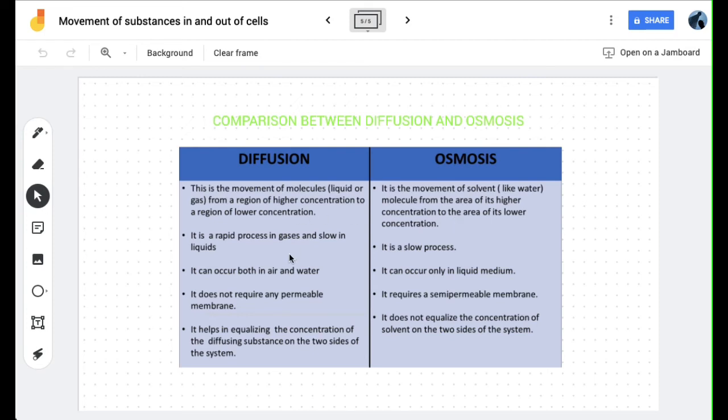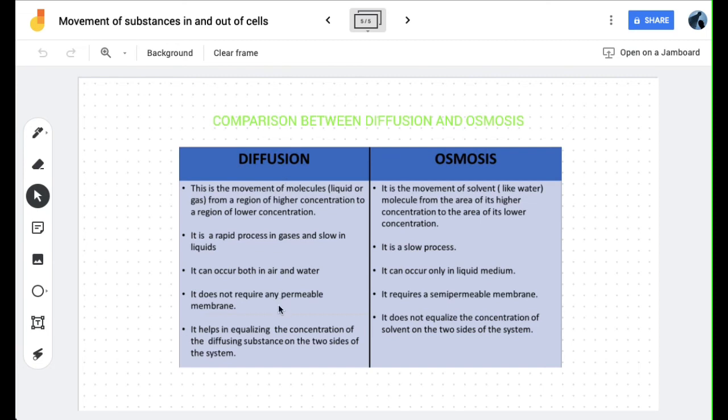Diffusion is a rapid process in gases and slow in liquids, whereas osmosis is a very slow process. Now, diffusion can occur both in air and water, whereas osmosis can only occur in a liquid medium.